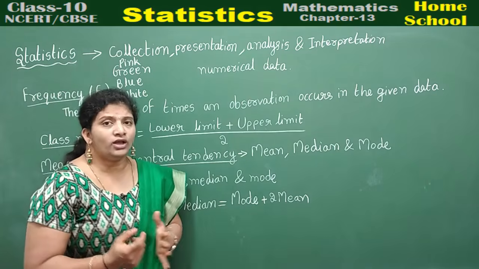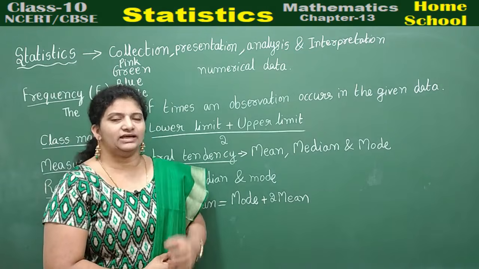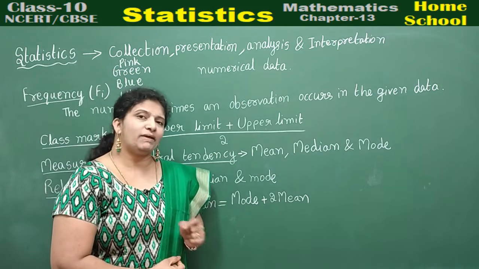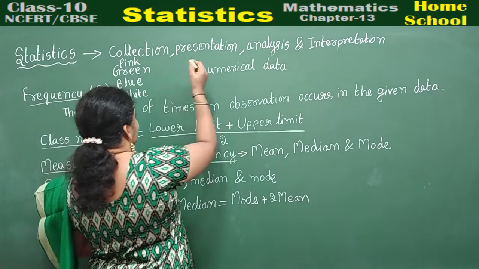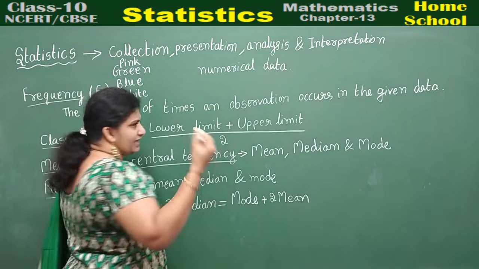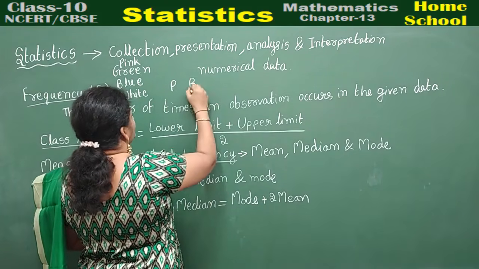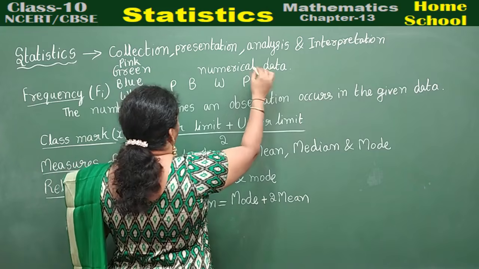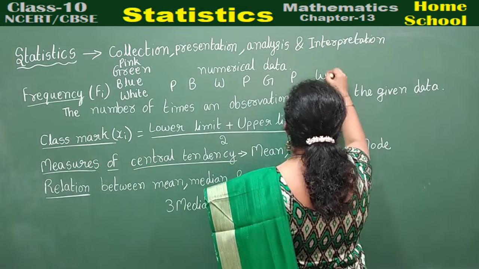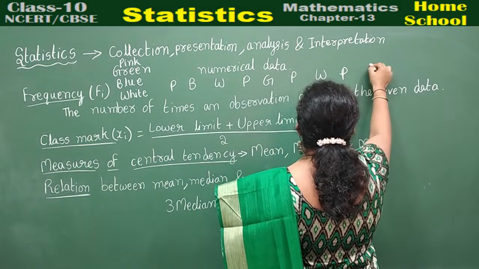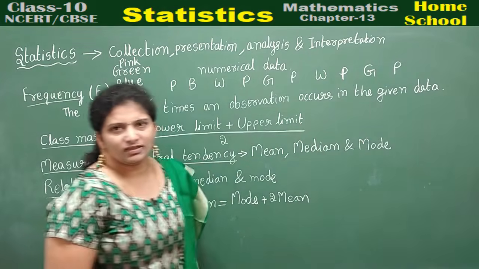I am going to call 10 children here and ask them to pick one balloon. So what do they do? Suppose the students come here and start picking. 1, 2, 3, 4, 5, 6, 7, 8, 9 and one more like this.